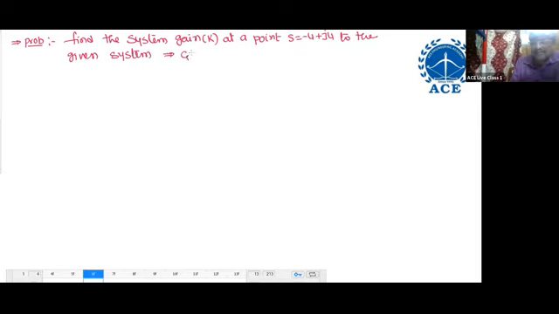G(s)H(s) equals K by s into (s plus 8). Come on, do it. First, verify the angle condition. First, check the angle condition, then go for the magnitude condition.